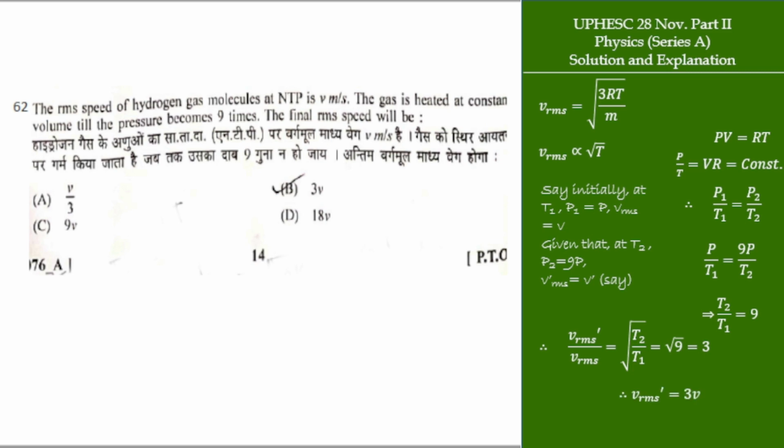So the new Vrms speed will be 3 times the original root mean square speed. So the correct option for this numerical is option B, 3V.